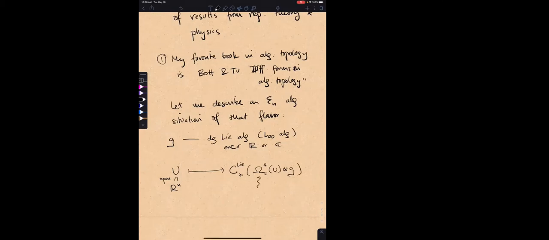This thing here is the compactly supported de Rham complex. Okay, so already we've gotten my beloved differential forms in the game.